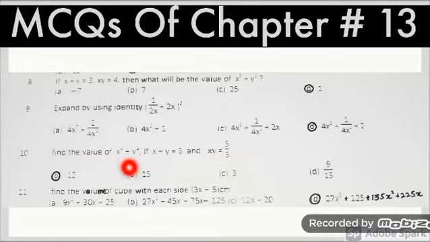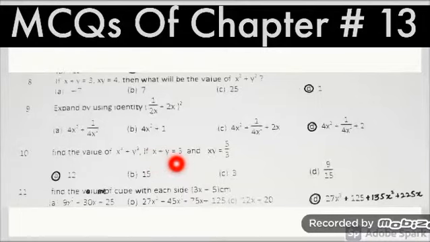MCQ number 10: find the value of x cube plus y cube if x plus y is equal to 3 and xy is equal to 5 by 3. As we have to find the value in cubes, x cube plus y cube, we will take the cube of this equation on both sides, and then we will open the cube by using the formula (a plus b) whole cube.